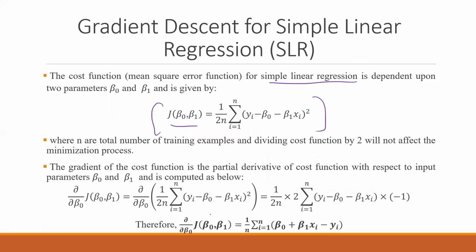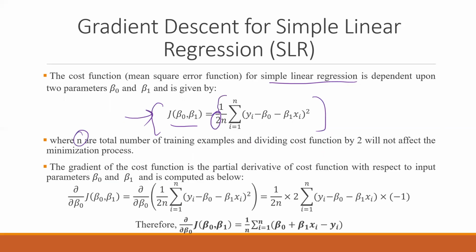I hope that you remember this equation. In this equation, n was the total number of training examples, and dividing the cost function by 2 will not affect the minimization process. So we did not have this 2 earlier.